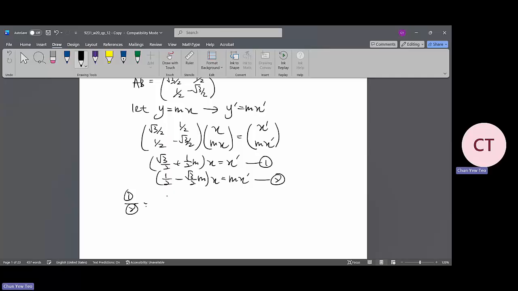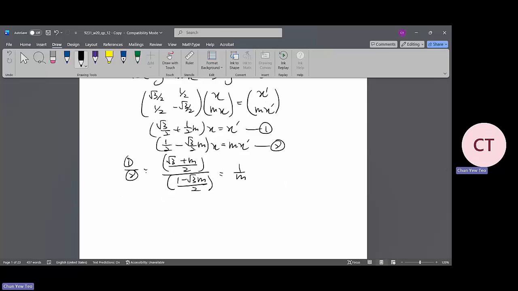You will get root 3 plus m over 2 divided by 1 minus root 3 m over 2 is equal to m. So you can cross multiply, then you get this, and join together.